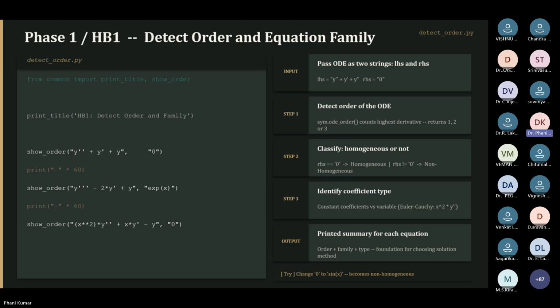Then coefficients: we take the coefficients of every order, because we want the characteristic polynomial. For the characteristic polynomial, we pick up all the coefficients of the derivatives and get the roots. Finally we get the solution, which is called the output. We'll see one by one in a programming way.